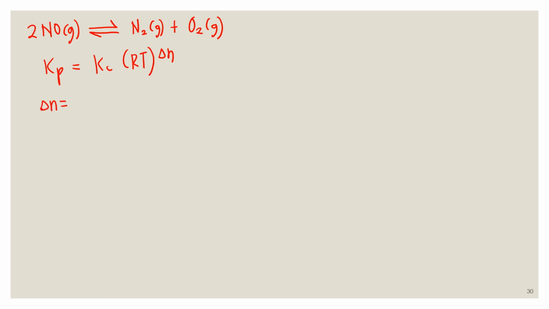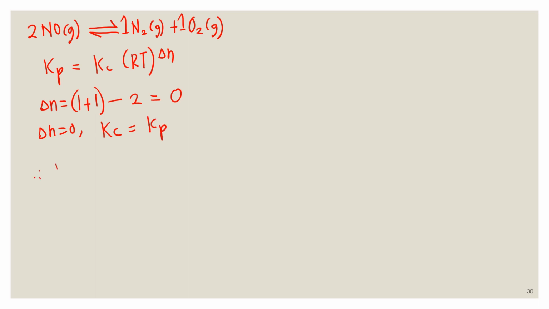So delta N equals 1 plus 1 for the product minus 2 moles for the reactant. So the answer for delta N adalah 0. So in this case, apabila delta N adalah 0, maka the value of Kc equals the value of the Kp.